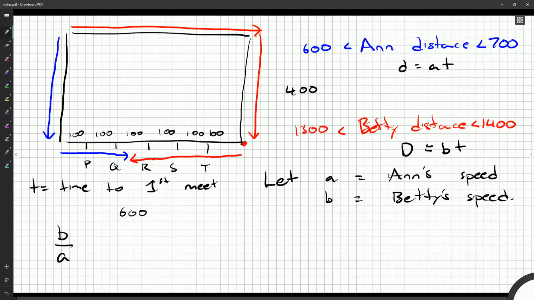So we can rearrange these and say little d over t is Anne's speed, and capital D over t is Betty's speed. Then I can replace these, and the little t's cancel each other out, so we get B over A equals big D over little d, and we have some possibilities.